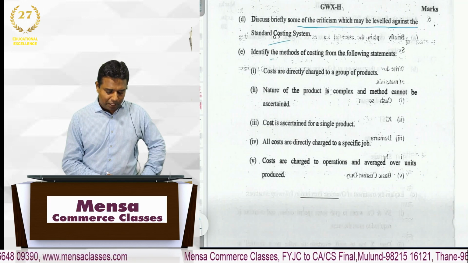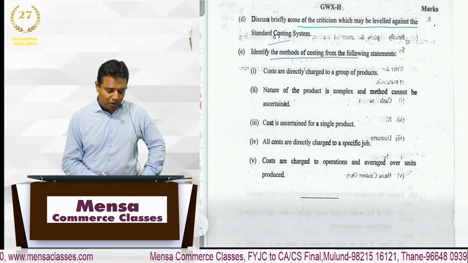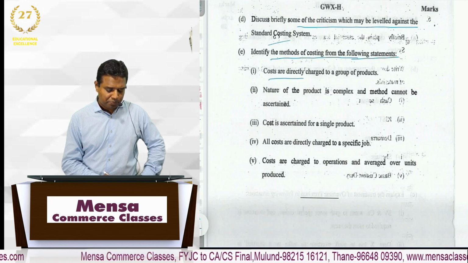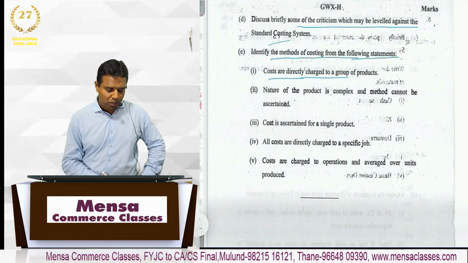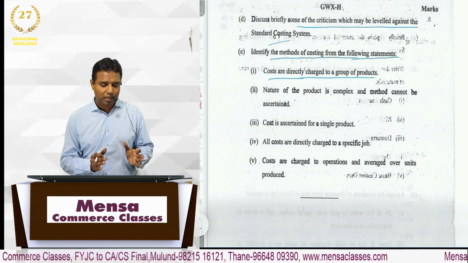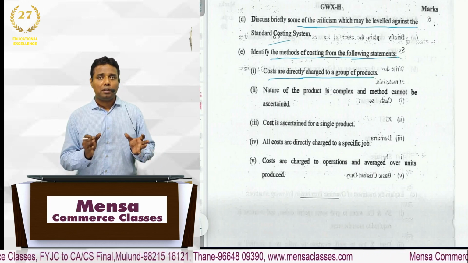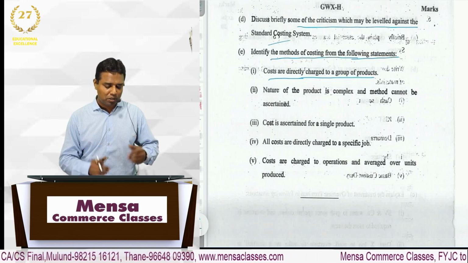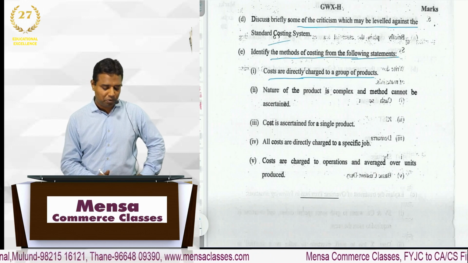Identify the method of costing from the following statements. Costs are directly charged to a group of products. That is something like your joint cost, or it is your batch cost. So that is what we will understand from here.